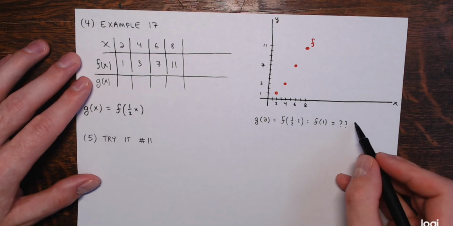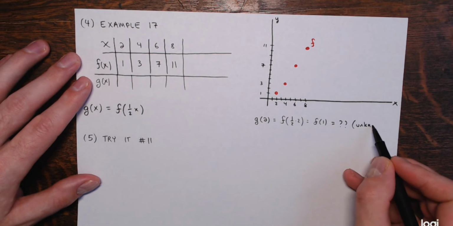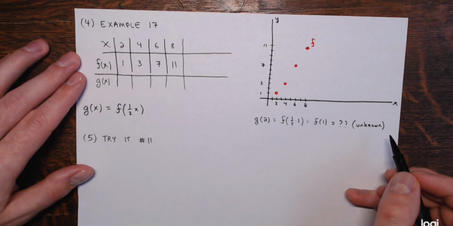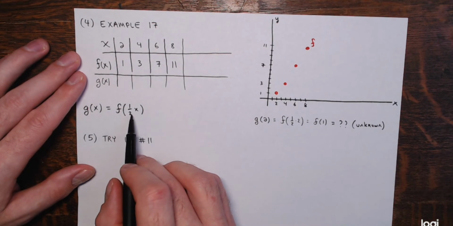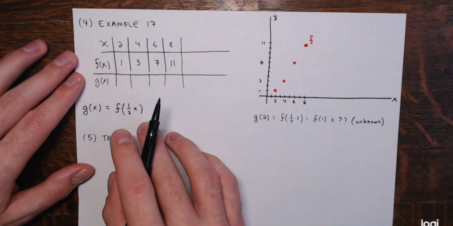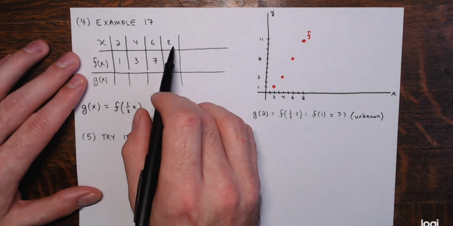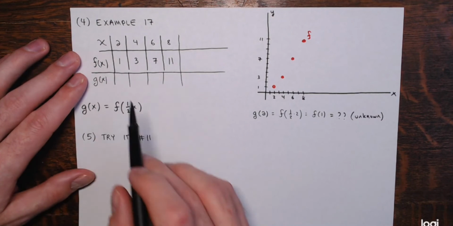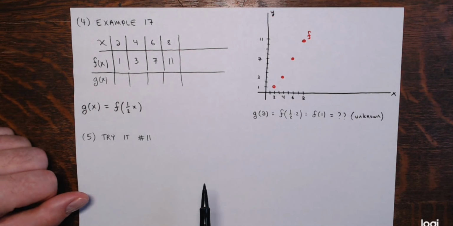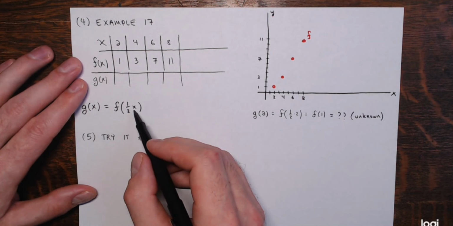This is unknown. I do not have this in the table. So you see, I need to change the inputs. I can't use 2, 4, 6, and 8 for x here. I can use 4.